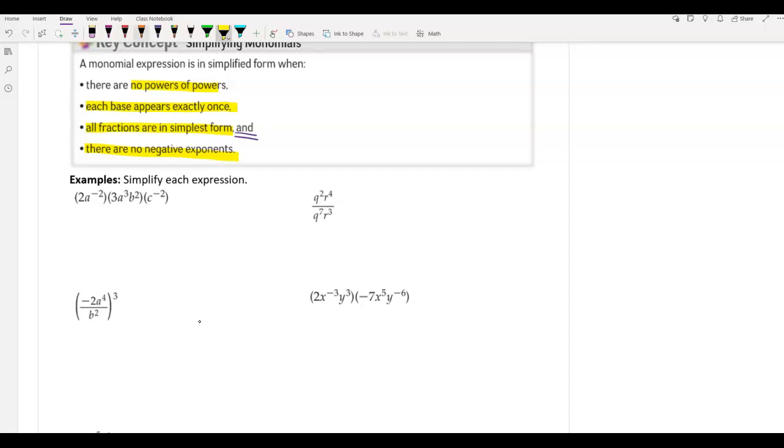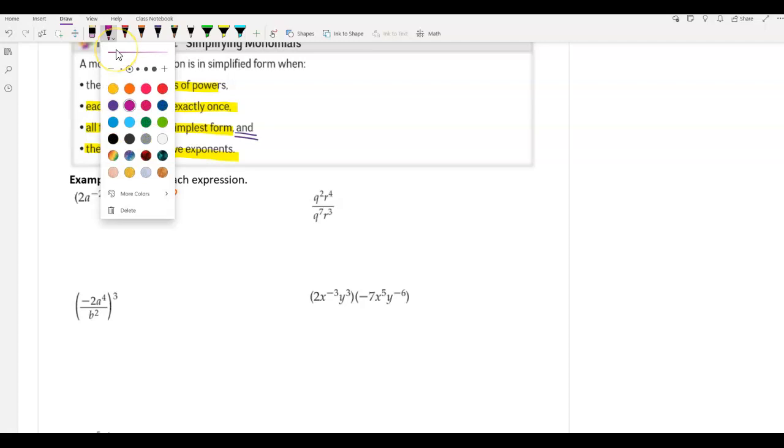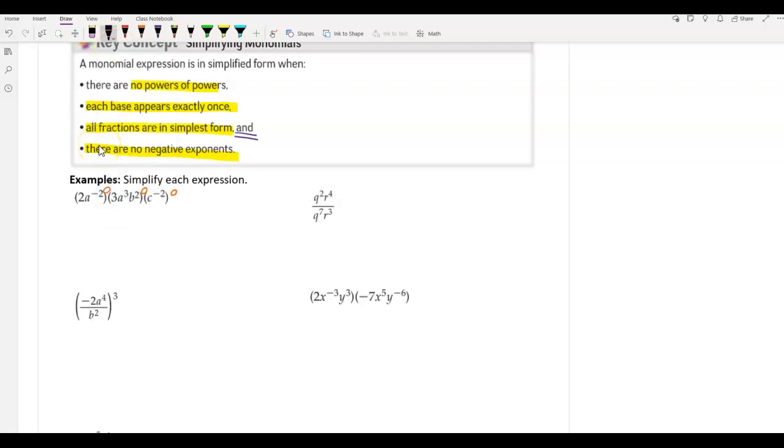In this case, I have nothing occurring in these spots right here, which means I can actually take away all of my parentheses. So I'm going to rewrite this as 2a to the negative 2 times 3a cubed b squared times c to the negative 2.